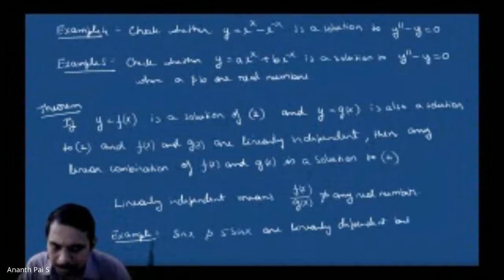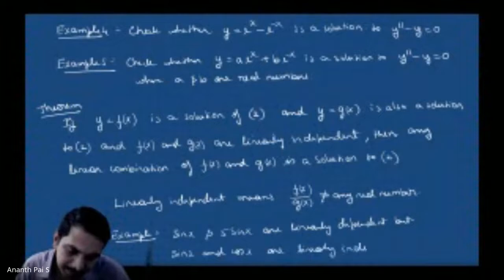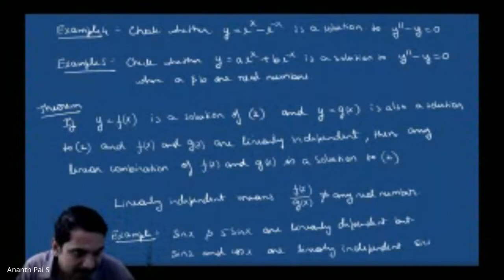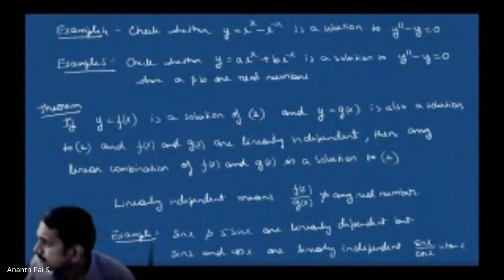But sin x and cos x are linearly independent. Why? Sin x by cos x is equal to tan x, which is another function. Getting that point?